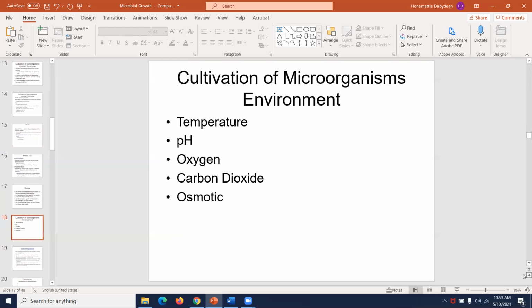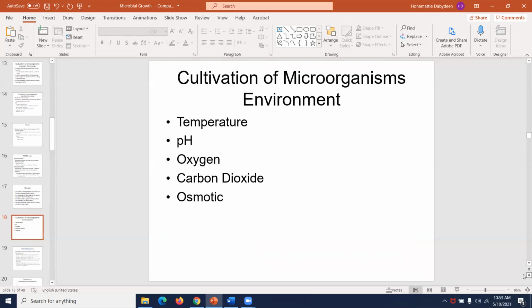So now we want to talk a little bit about the environment. Remember what I said, for us to grow microorganisms, we need the proper food and now the proper environment for growth. You can give the organism all the food they need, but if the environment isn't conducive to growth, they're not going to grow.